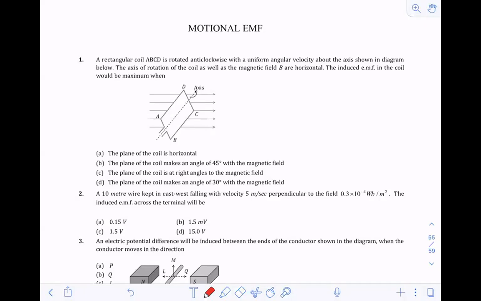The axis of rotation of the coil as well as the magnetic field are horizontal. The induced EMF in the coil would be maximum when? Okay, I got one answer, C. Anybody else?